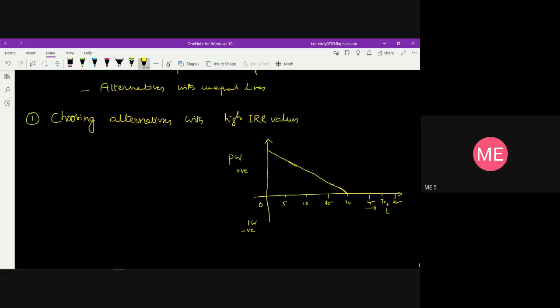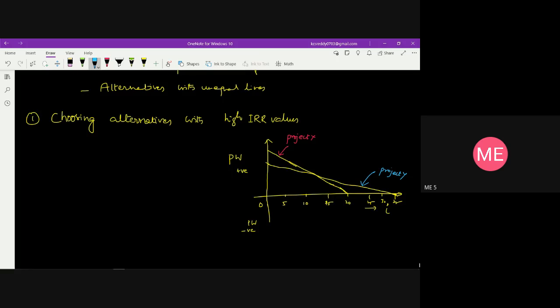When you plot this project for the different values of i, I'm getting it like this. This is project X, and the other one is project Y.